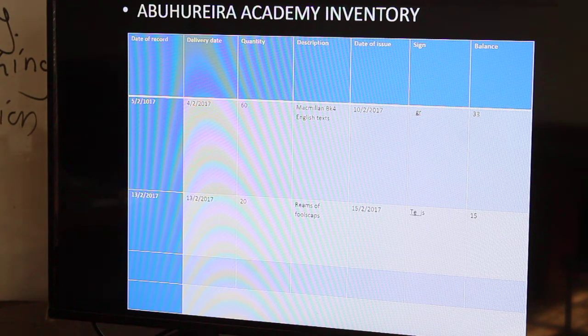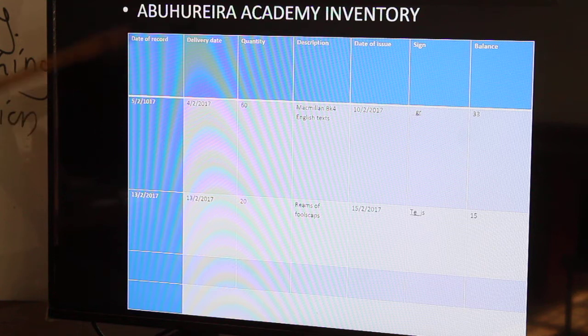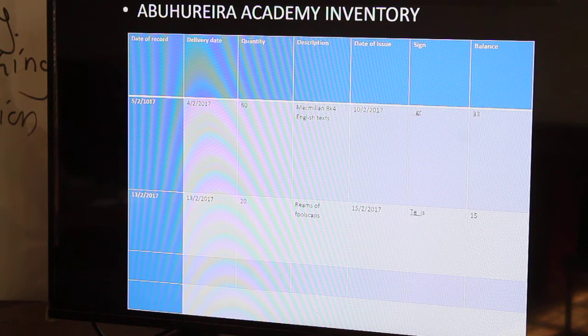Now, on 5th February 2017 we had this delivery of books. The quantity was 60, and they came from Macmillan, and they were English textbooks.